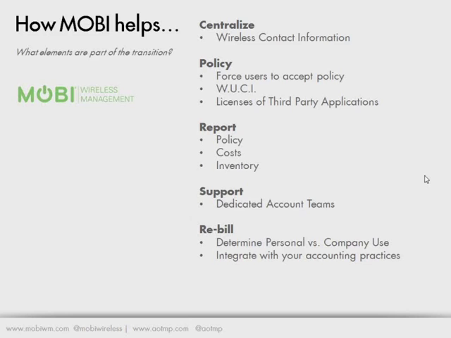We've discussed the support, and then there's being able to rebill and work with accounting departments within companies, with different programs, whether it's a stipend, a blended model where the user's charged back, a convenience fee, or a traditional corporate liable where you have to allocate costs accurately. Managing all that in a central location can be daunting if you're trying to do it on spreadsheets. And we see that quite a bit.